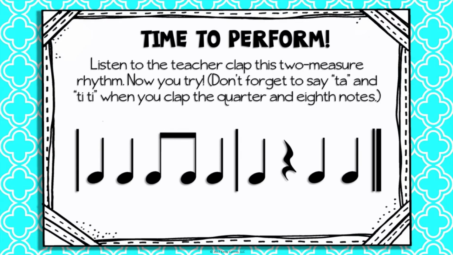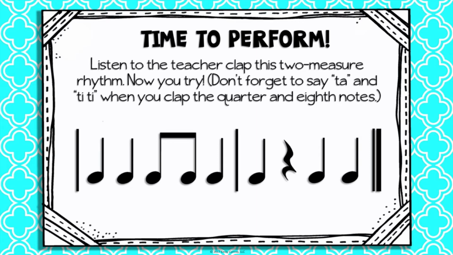Now, go ahead and point to the double bar line placed at the very end of the song. Yep, so you see it there on the right, those two big bar lines, that tells us the song is over.